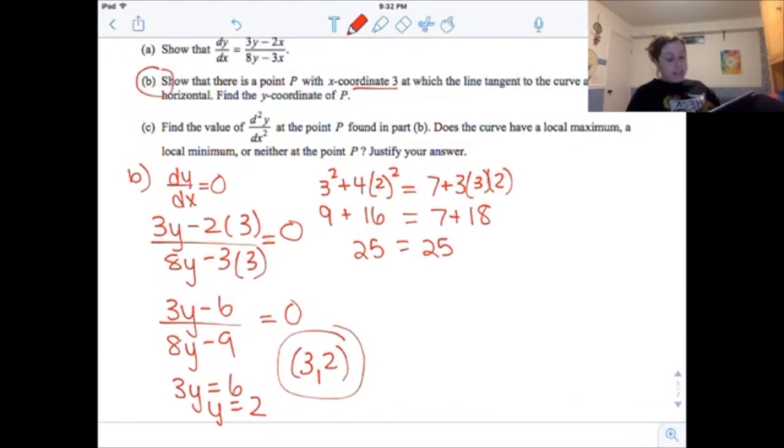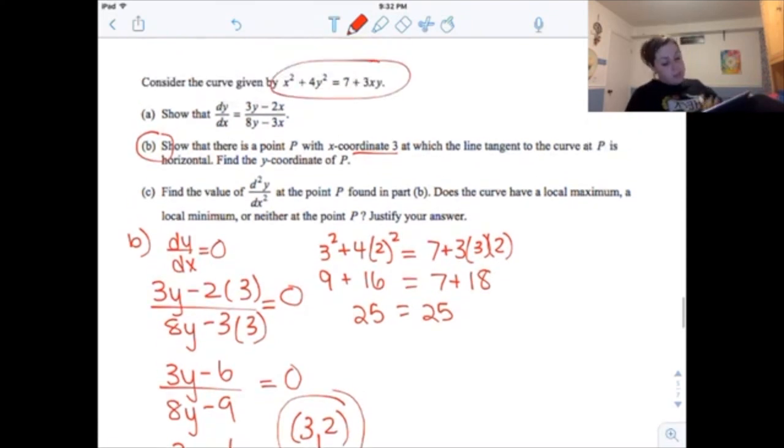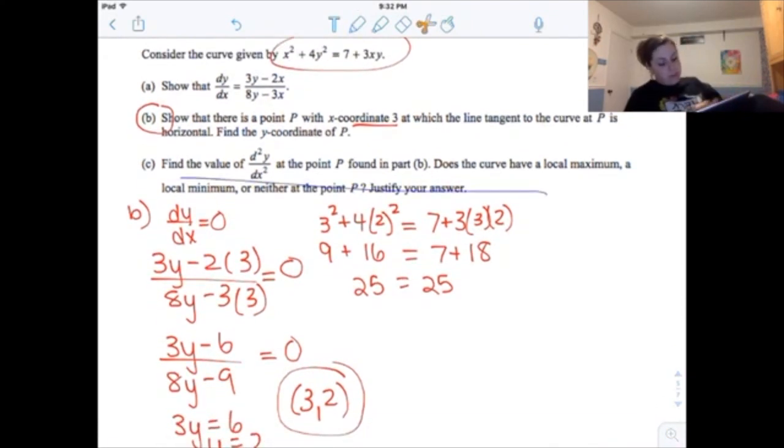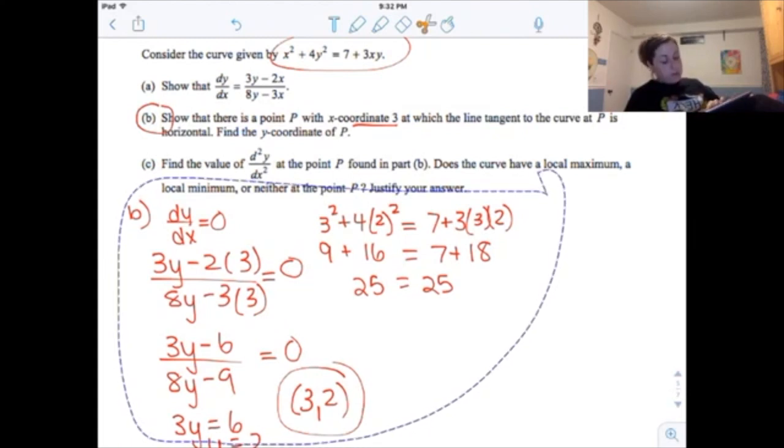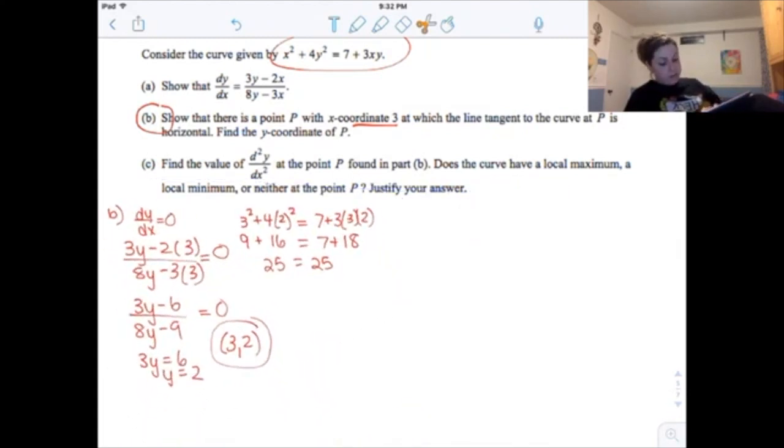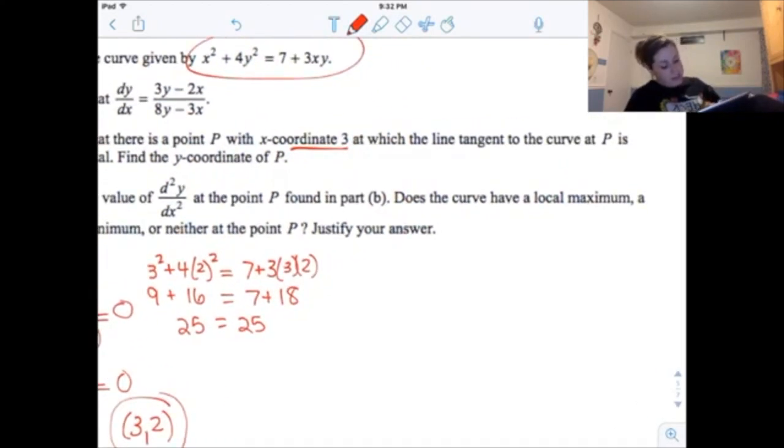Now I want to see, is there a min, max, or neither? And I want to justify. I already know that my first derivative equals 0 there, so I already know that this is a critical value. So now what I need to do is look at my second derivative. Let's find that. d squared y over dx squared equals quotient rule.